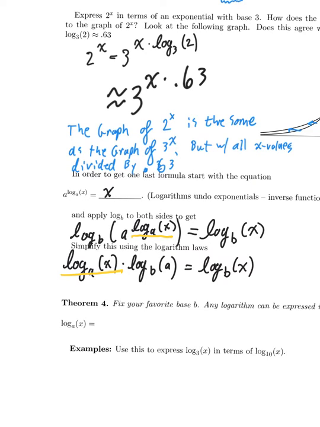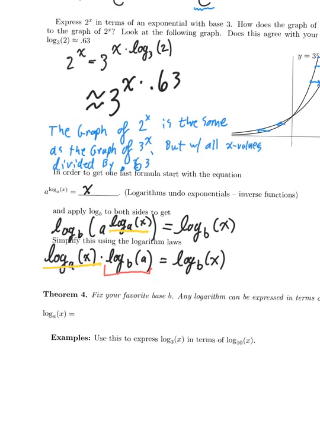And there's no reason for you to care about this just yet, but there's about to be. What if you wanted to take this and solve it for the log base a of x? Well, if you wanted to solve that for the log base a of x, you would just divide this over to the other side. So let's do exactly that.